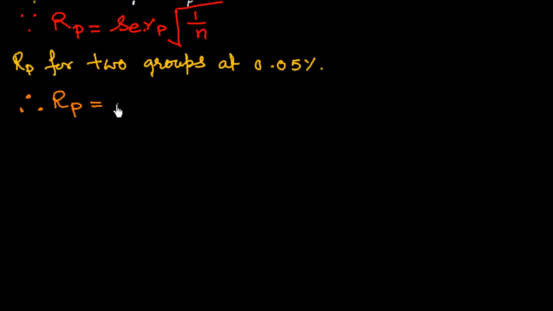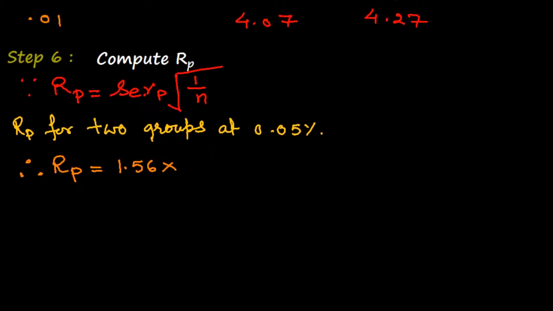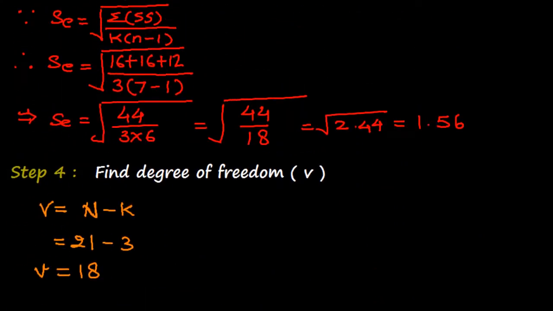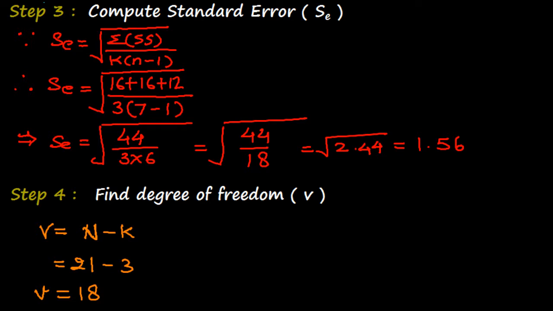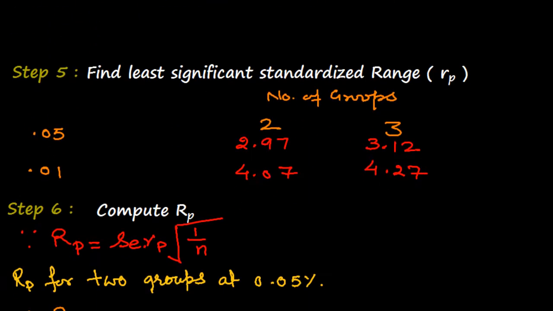Now the RP, which is the standard error, we will put down here, which is 1.56. It would be common in all RPs. The table value for two groups at 5% is 2.97, we have to put down here 2.97.